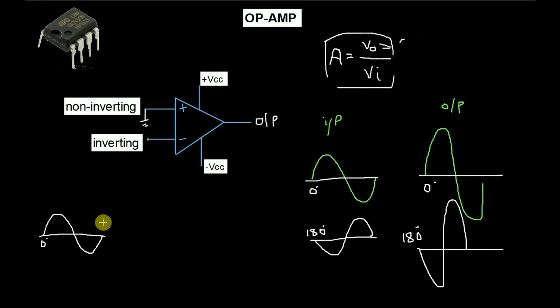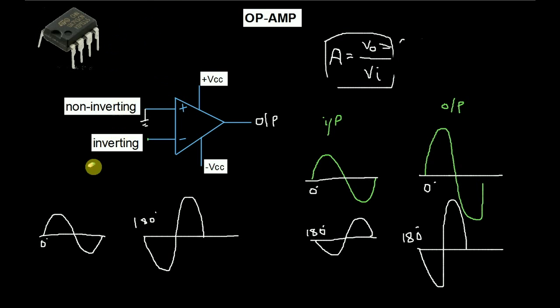So we have given a signal into the inverting terminal of this op amp, and the output will simply look like this. So the output has started from 180 degree. The input has started from 0 degree, but the output has started from 180 degree. So the signal has inverted. That's why we call the negative input of this op amp the inverting terminal or inverting input, because it inverts the input signal.